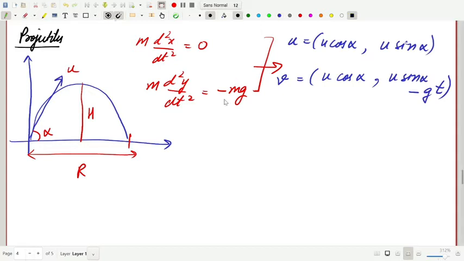From here we have that x is equal to u cos alpha into time, and y is equal to u sin alpha t minus g t square by 2.